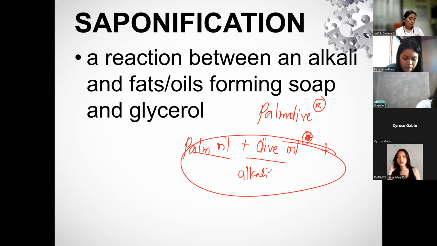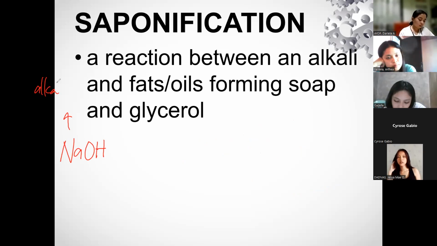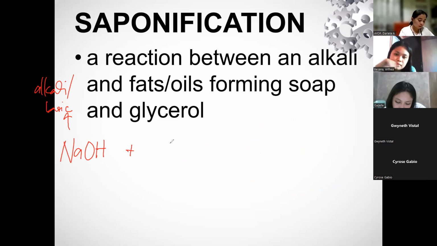Ma'am, pardon po, paano magawa yung hard na soap? Hard soap. Sige. Yung sa hard soap, class, we use this chemical, sodium hydroxide. This is our alkali substance or basic substance. Papareact lang natin siya either sa fats or oils. Depende kasi sa atin kung anong gagamitin natin, fats ba or oils.